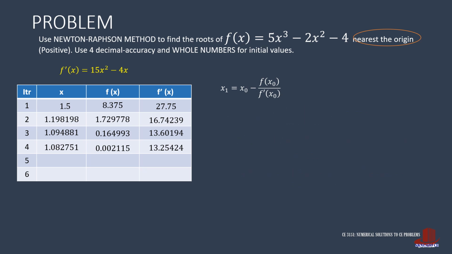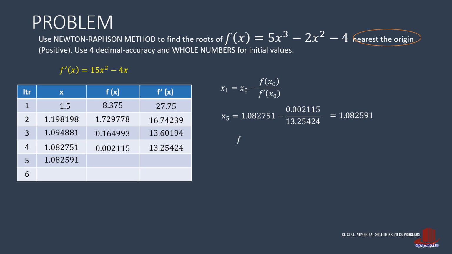Reaching two decimal zeros, we might have the answer with this iteration. So let's start with x5 by taking 1.082751 less 0.002115 over 13.25424, giving 1.082591.